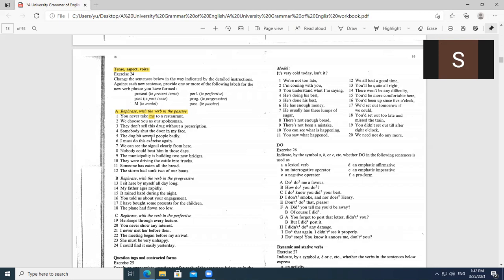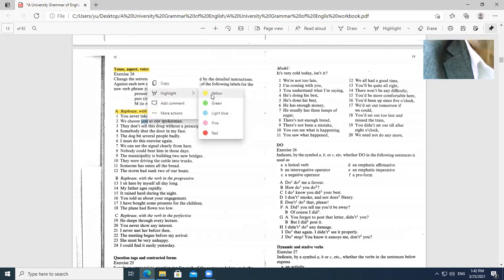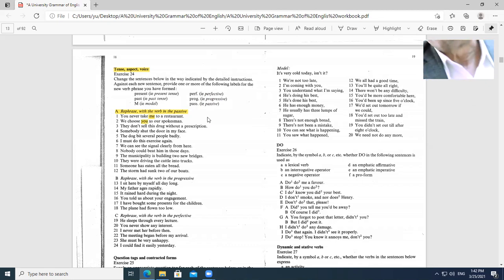Number 2. We choose you as our spokesman. Where is the object? You. Then how do we make this passive? What is the first verb? Choose. Present or past?